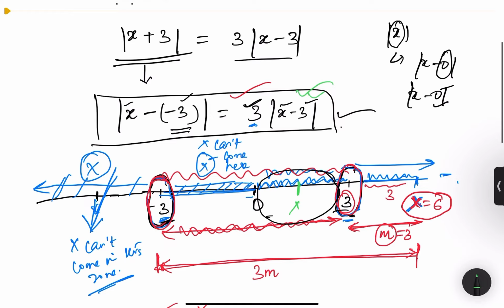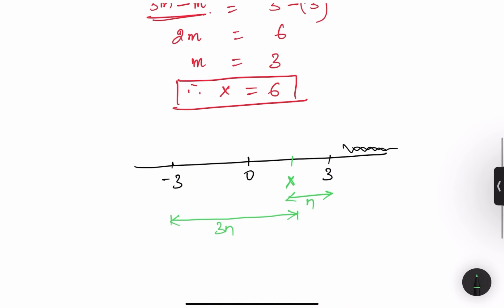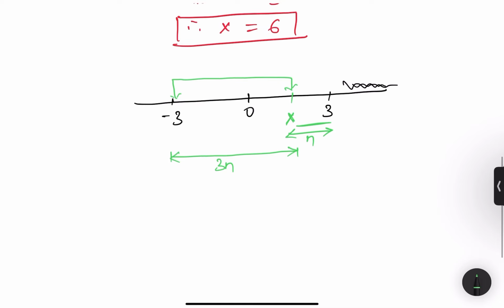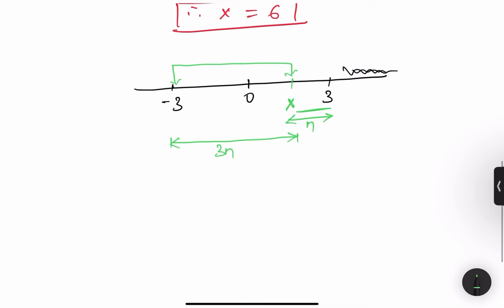This is our given equation. So whatever is the distance between x and 3, thrice of that is the distance between x and minus 3. Okay. So now again we do the same maths.